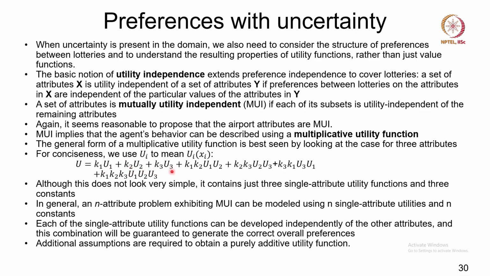If you are talking only of three variables, k3 and utility u3 plus etc. So you are getting various combinations of these utilities. Here you have three constants and three utilities, and that is used to get the overall utility.